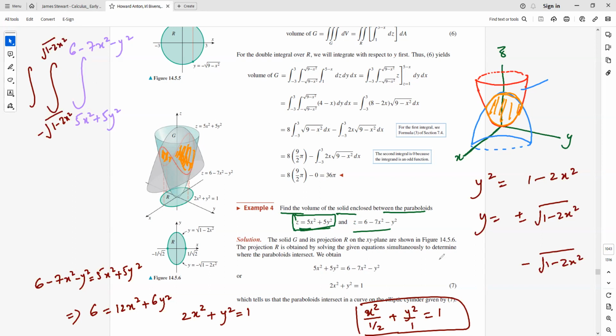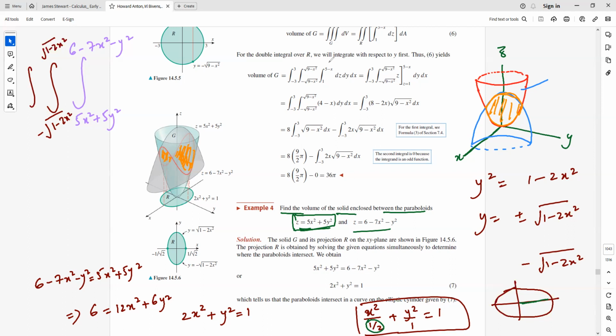Now for the limits in the x direction, we can simply say that if we have the ellipse like this, the axis of this ellipse on the x-axis is 1/2, under root 1/2, right?